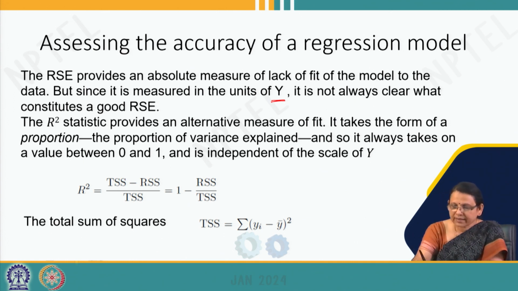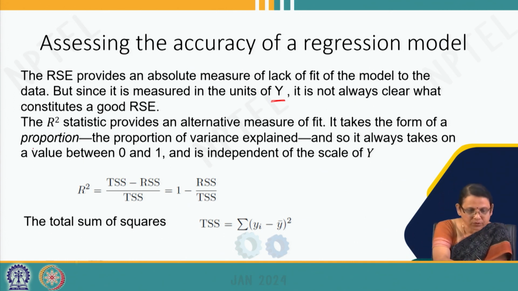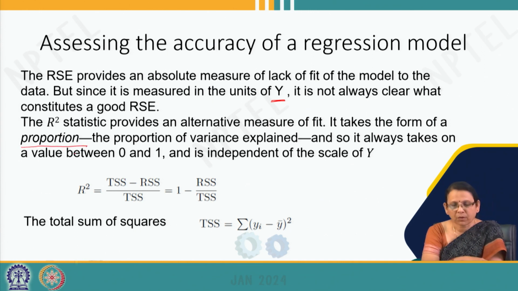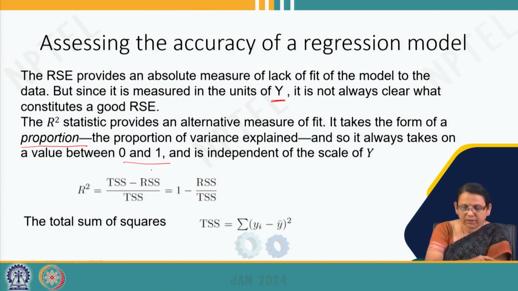What it does is it takes the form of a proportion, the proportion of variance explained, and so it always takes a value between 0 and 1 and is independent of the scale of y. So, this is defined like this: R square is TSS minus RSS divided by TSS, where TSS is the total sum of squares.